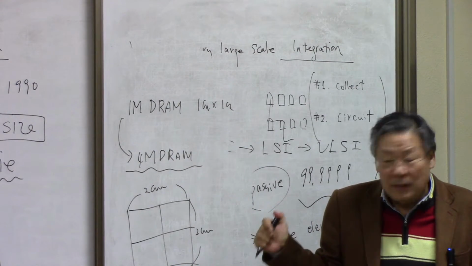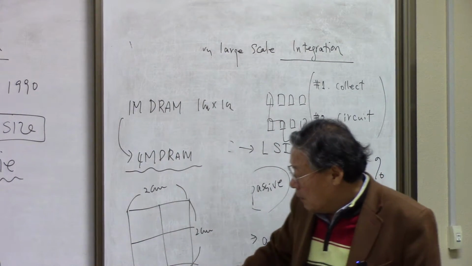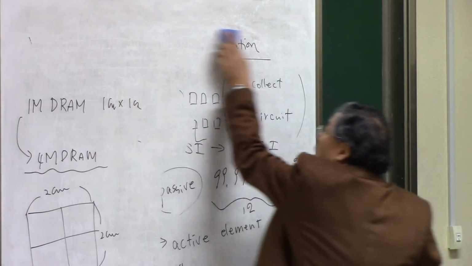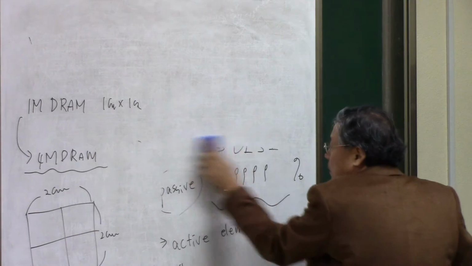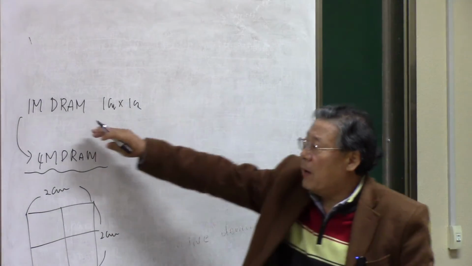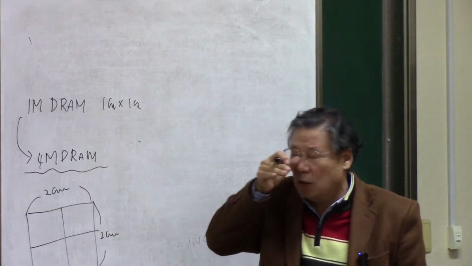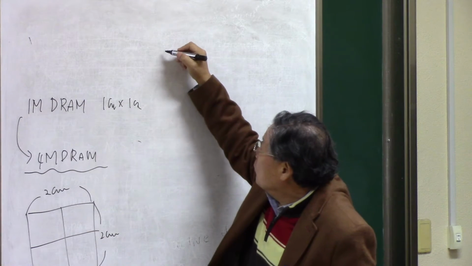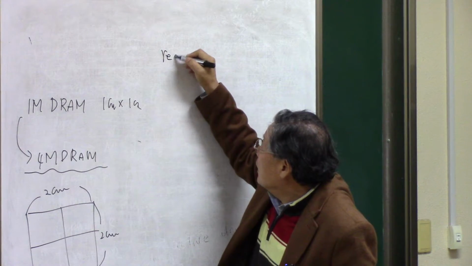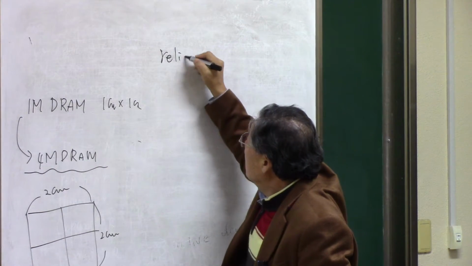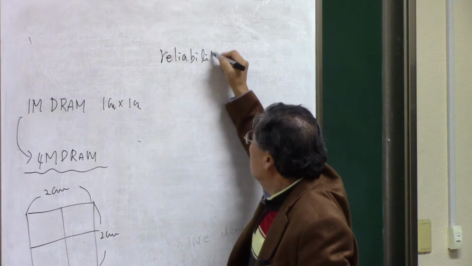So it may be strange to you, but the reason why people say we have a technology for the 1 mega DRAM, but we do not have technology for 4 mega DRAM is related to the reliability issues.